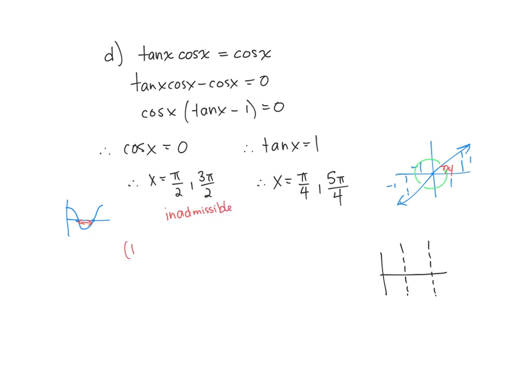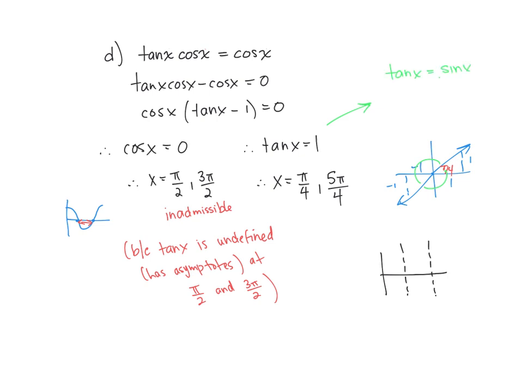And the reason for it is because tan of x is undefined, it has asymptotes at pi by 2 and 3 pi by 2. Another way you can maybe think about that is we know tan x is equal to sine x over cos x.